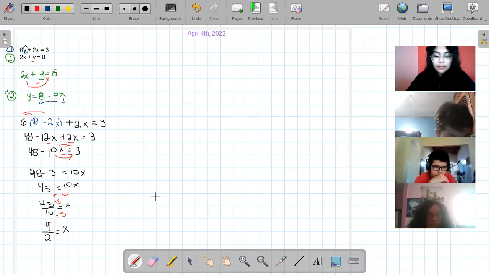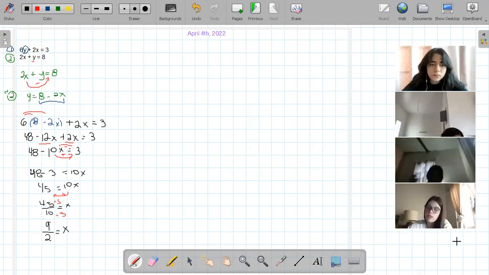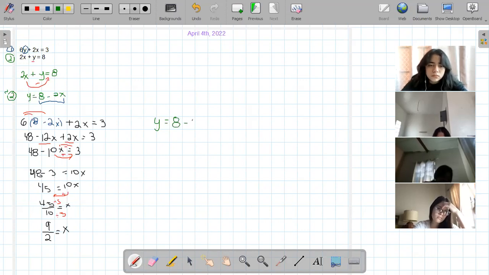I found already the value of x. What is my next step? My next step is to substitute again, but now the value of x into my new equation 2. Instead of x, I'm using the value that I found. I'm going to do it in green. y is equal to 8 minus 2, and instead of x, I place 9 over 2.